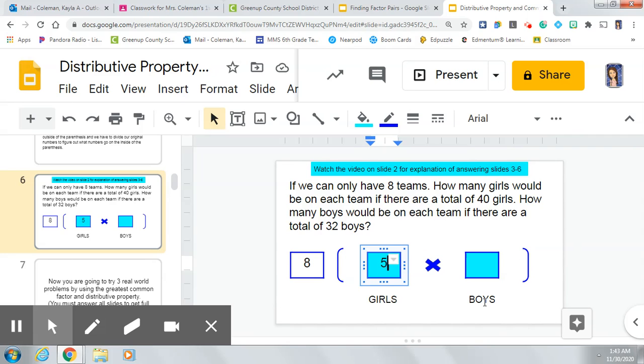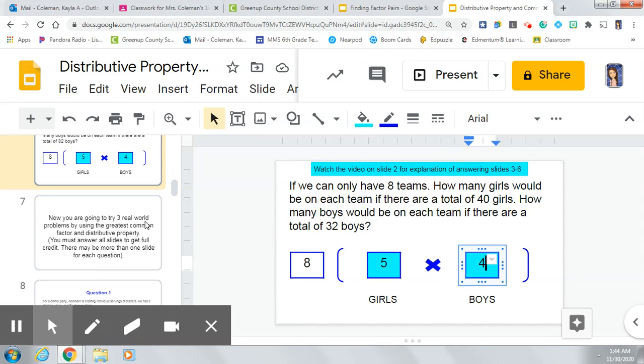For the number of boys, if there are 32 boys split into 8 teams, 32 divided by 8 would be 4. So on each team, we're going to have 5 girls and 4 boys with 8 teams.